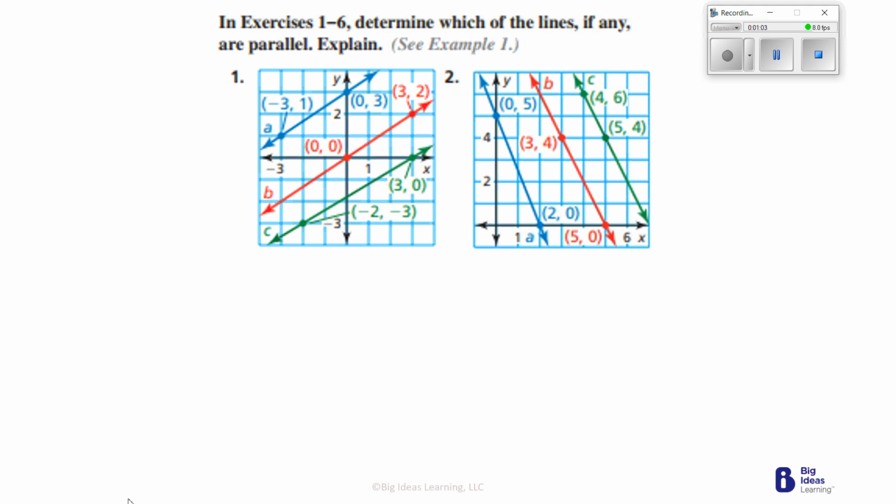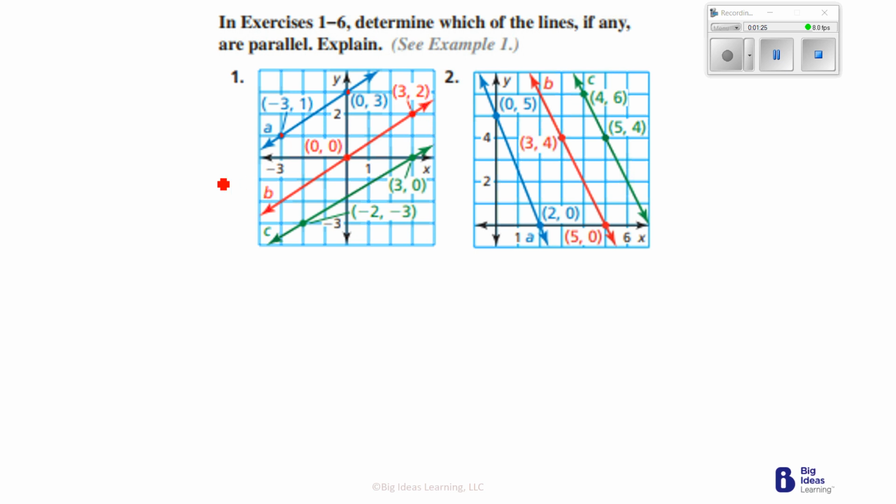Now, to do this correctly, I believe they want you to use the slope formula. If you did, you would take y2 minus y1 on each one of these coordinates here and here, over x2 minus x1. Then you do the same thing to these two.